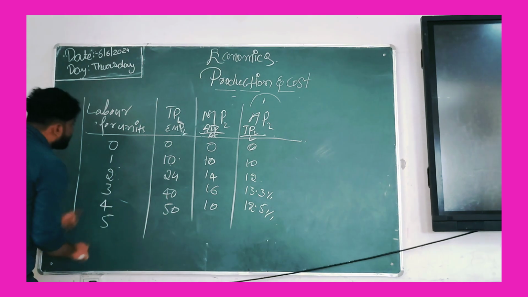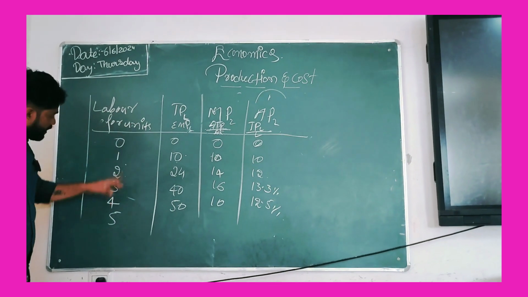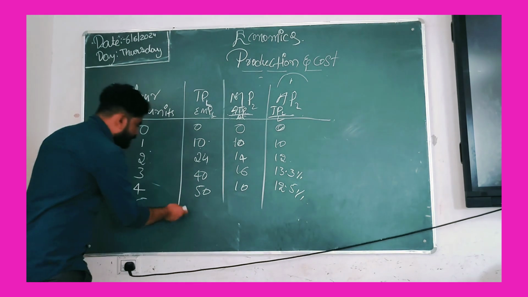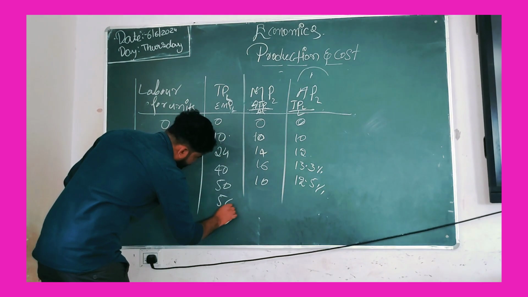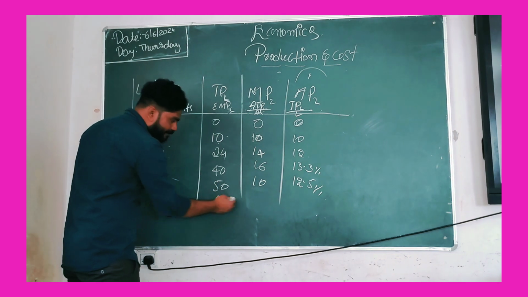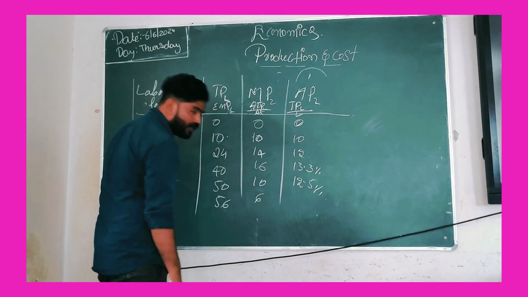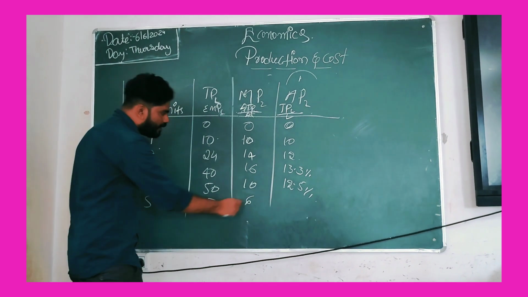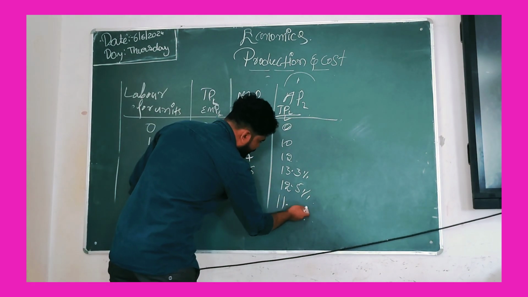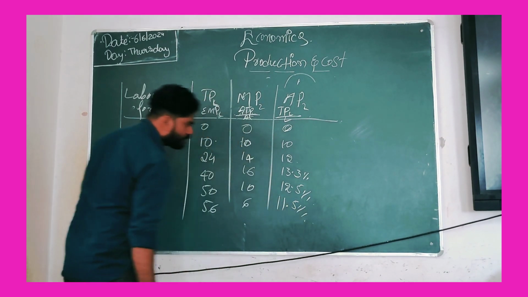Next, the firm using 5 units of labor has a total product of 56, so 56 minus 50 is 6 only, and 56 divided by 5 is 11.5.